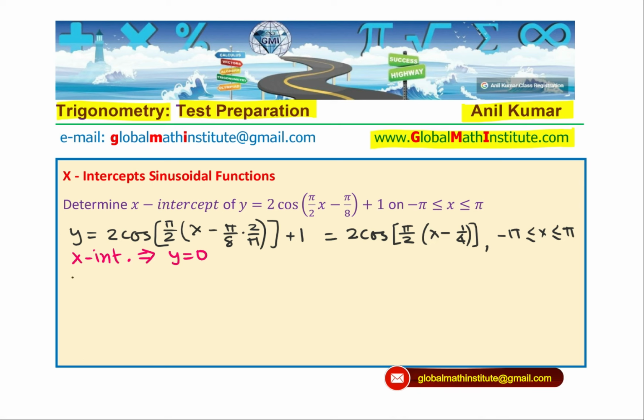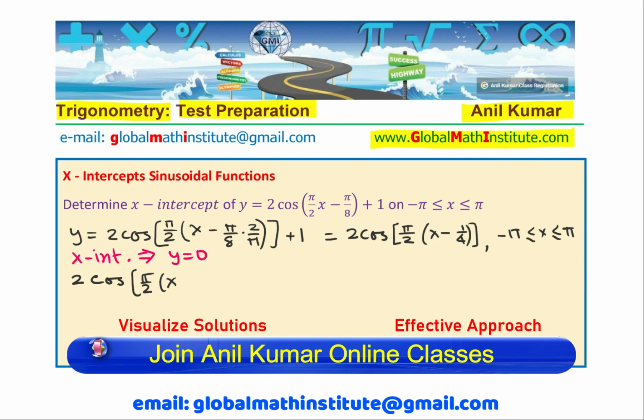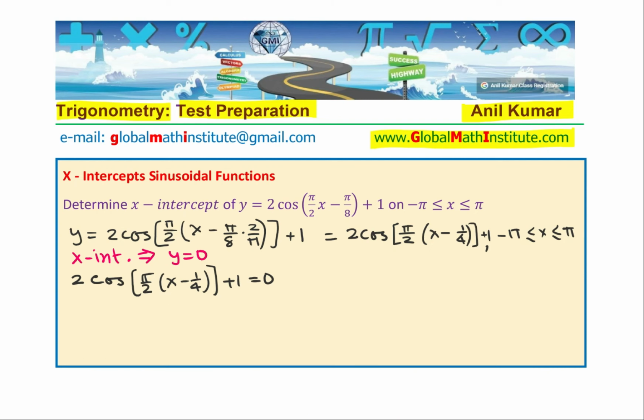So we get, let's write down, 2 cos(π/2 (x − 1/4)) + 1 = 0. I forgot to write plus 1 here. Right, plus 1. Yes. So to solve, I have to take 1 to the other side, divide by 2.